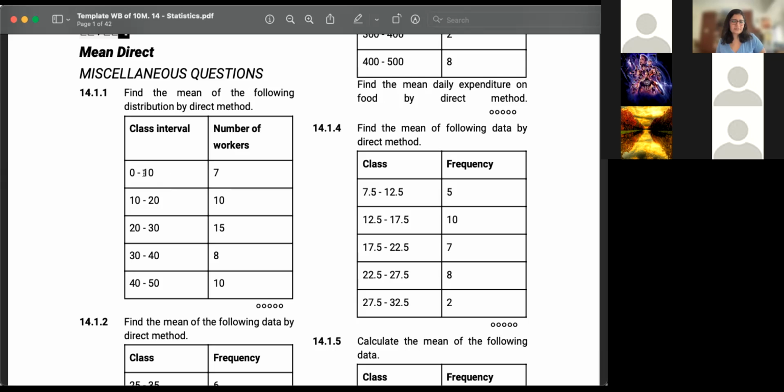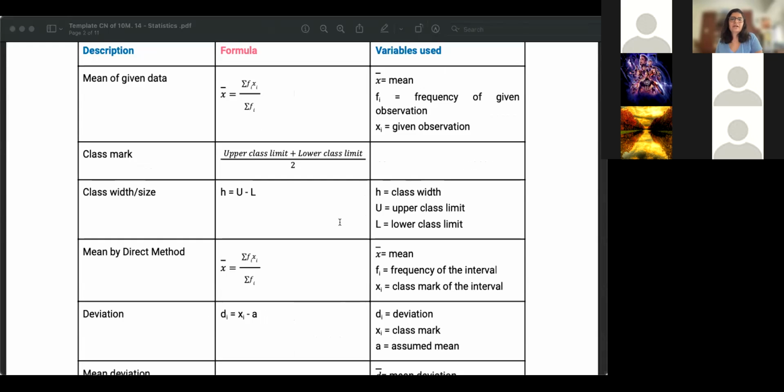In that case, it's not perfectly at 5. It's a bit less than 5. So finding the mean by this method is not 100% accurate. It'll just give us a rough idea. So in order to make it slightly more accurate, we have alternate methods to find mean.